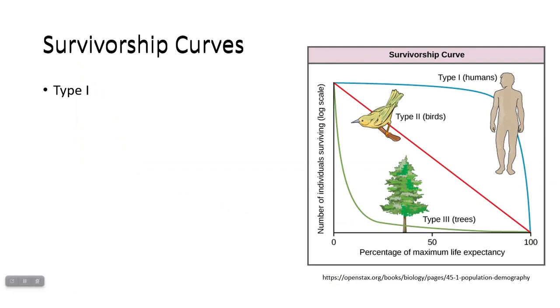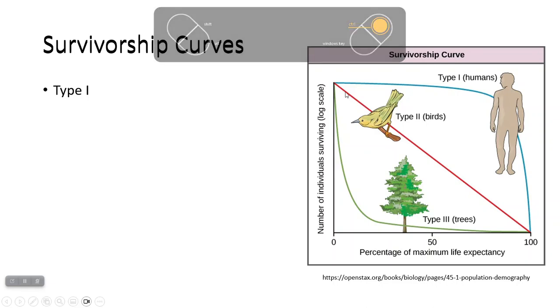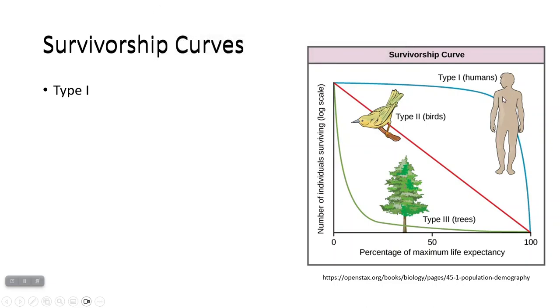Well, a type 1 curve is something that, for example, you would see in humans. Humans tend to have late loss, meaning it's late in our lifespan that we start seeing organisms die off. These are usually K strategists, because they have very few offspring and they're going to make sure they care for them until they survive to maturity.